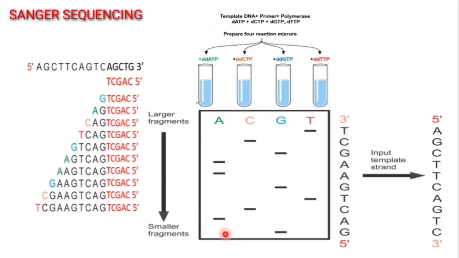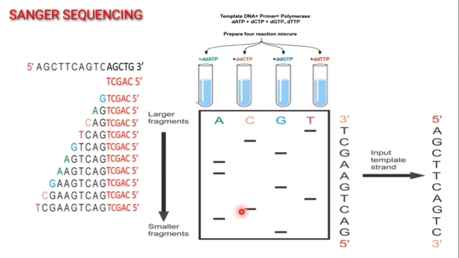Next we see the band in the A tube, so here the sequence is A. First the normal G is added and then A is added. A was dideoxy, so it terminated.